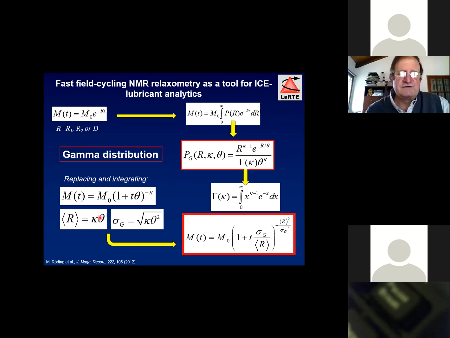And there is a relationship between the mean value of the distribution, that means the mean value of the relaxation rate, for example, or the diffusion constant, in terms of these parameters, and also the width of the distribution. So the physical interpretation is very simple for this distribution. And then you can write the magnetization evolution in this way.